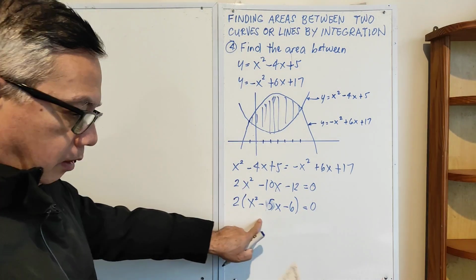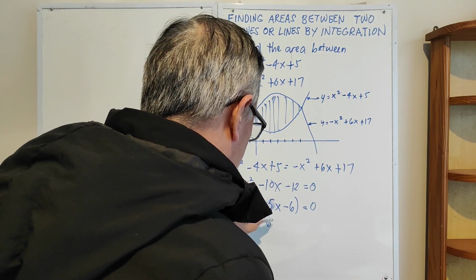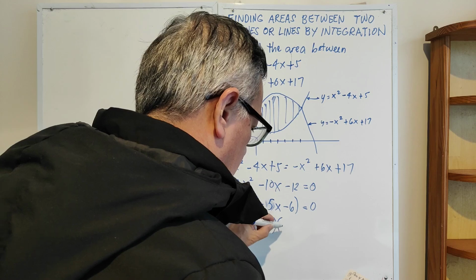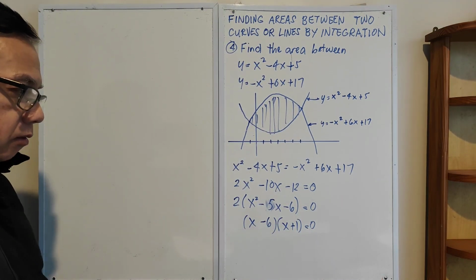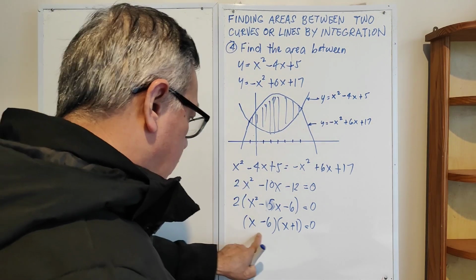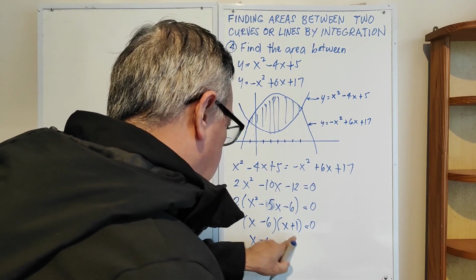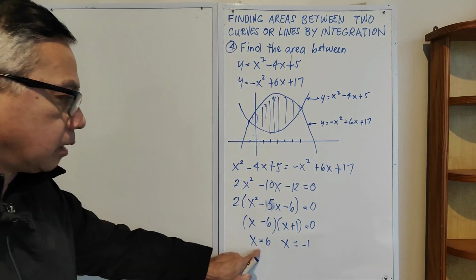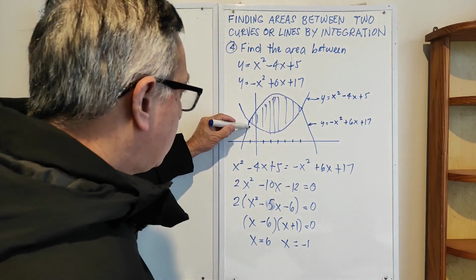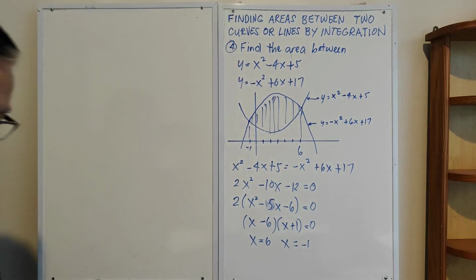Then this one we can still factor: x minus 6 and x plus 1. So x would be equal to 6, and if this is 0, x is equal to negative 1. So these are the points of intersection: negative 1 and 6.